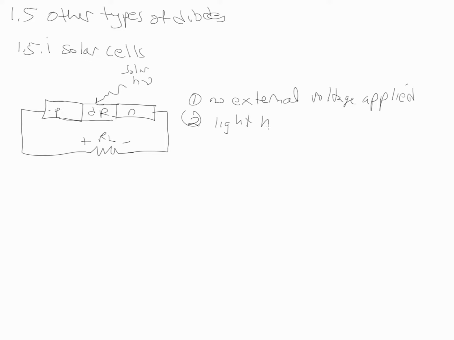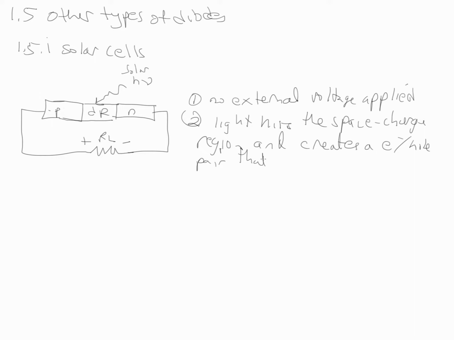Light hits the space charge region and creates an electron hole pair that is swept out of the region to generate current.